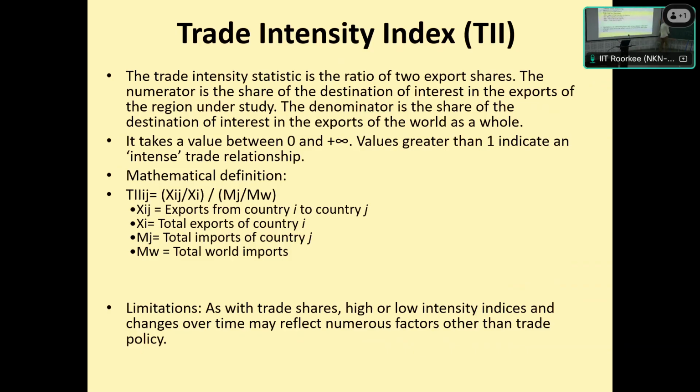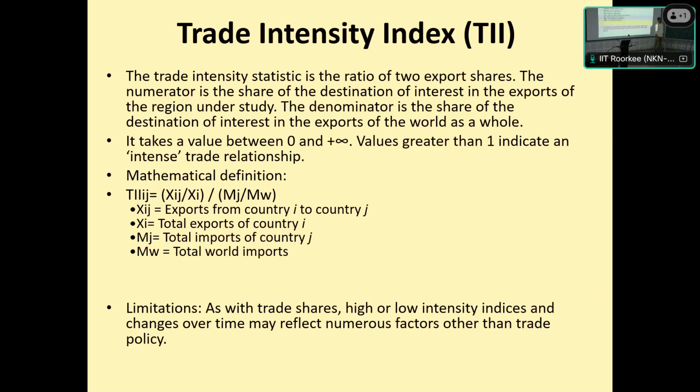So in that case, for example, if you are saying exportable sector, we are exporting from country A to B, the export of the ith sector to the jth country, divided by the total exports of the ith country.